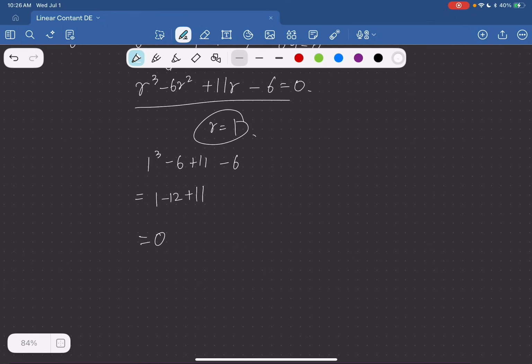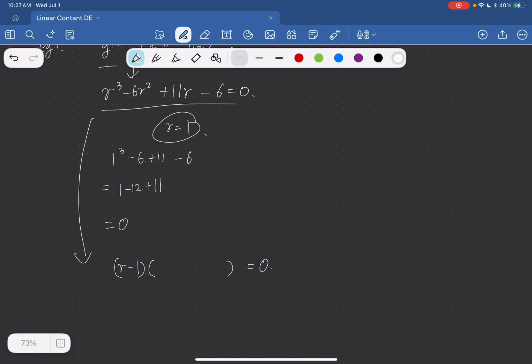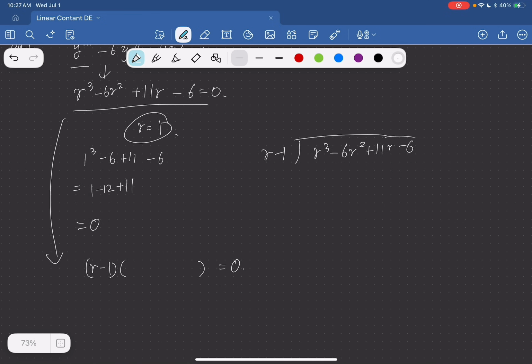So we can simplify this to something like r minus 1 times something else is equal to 0. In order to solve this, we can use the long division method, where we put the polynomial here and divide by this.